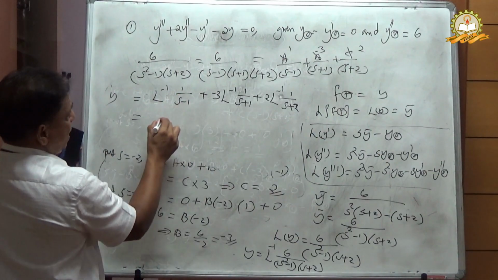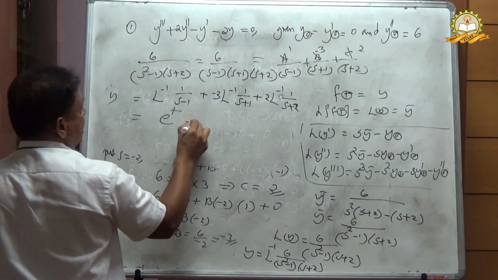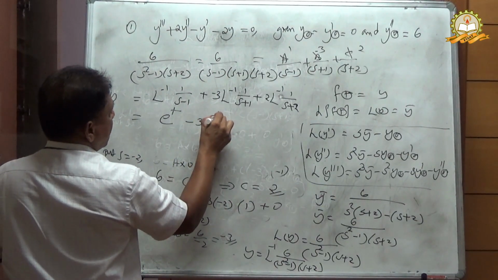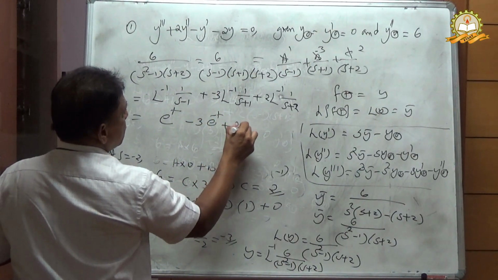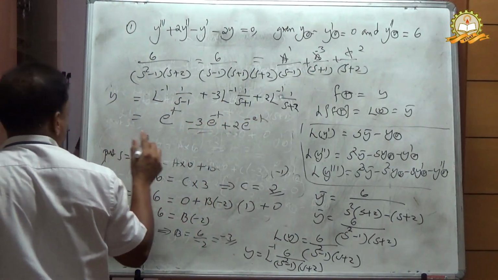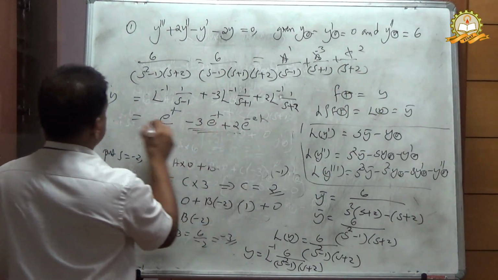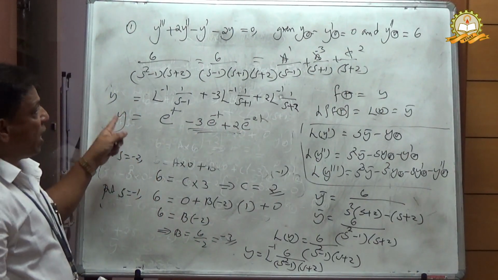Therefore, L inverse of 1 by (s minus 1) is e raised to t, minus 3 into e raised to minus t, plus 2 into e raised to minus 2t. Therefore, the answer is e raised to t minus 3 into e raised to minus t plus 2 into e raised to minus 2t. This is the value of y.